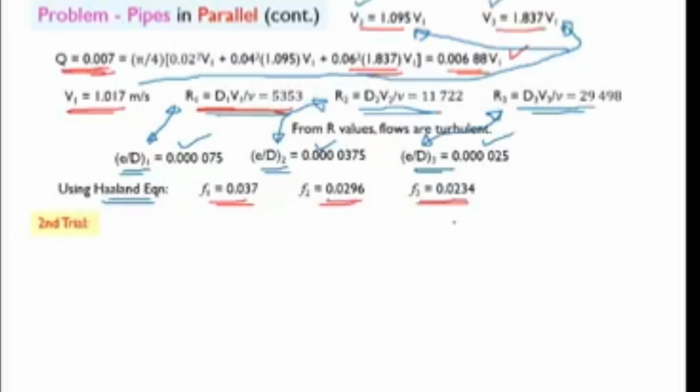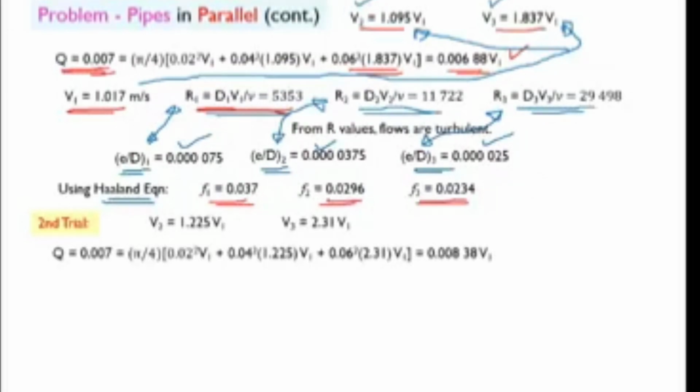We will continue with the trial until the calculated values of the friction factors become the same as the initial values of the friction factor. So now for the second trial, we will calculate V2 and V3. It is given like this here. You can see in this case, it is different. In this equation, V2 is equal to 1.095, but here V2 is equal to 1.225 V1.